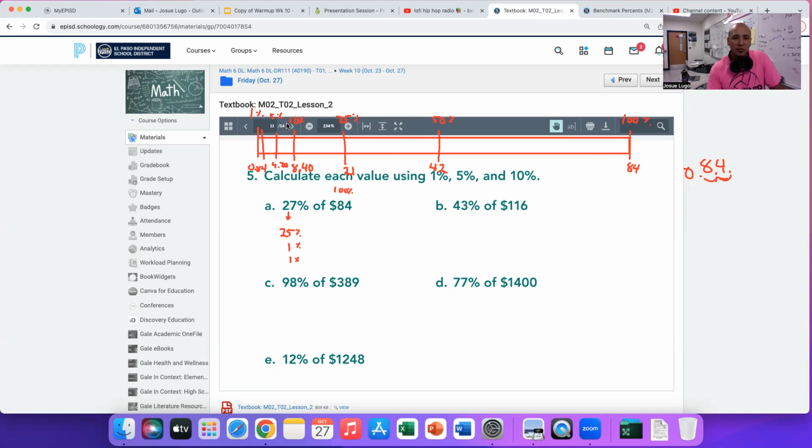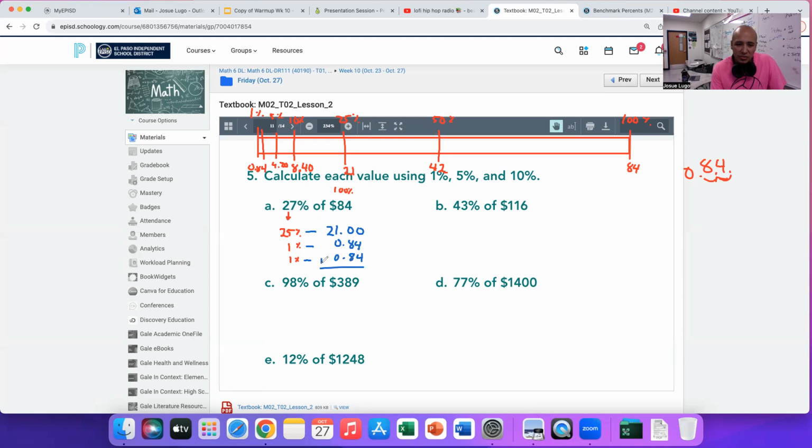The 25% is $21, so it's 21.00. Our 1% was 84 cents, so 0.84, and another 1% is another 0.84. Notice that I am lining up the decimals because I need to add these together.